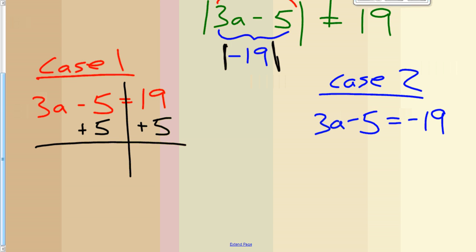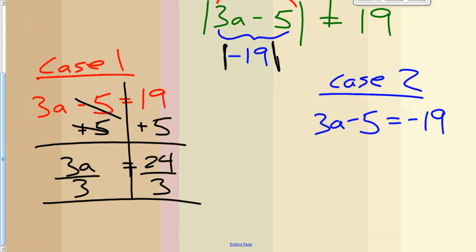So we try to isolate a, and we get a equals 8 on this side. And over here, do the same thing.